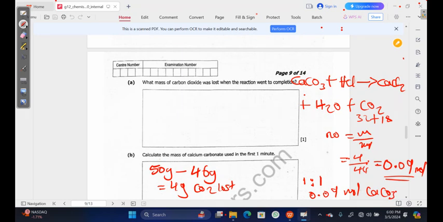So if one piece of calcium carbonate was used up, there is also one piece of carbon dioxide being given off. So if 0.09 moles of carbon dioxide were given off, it means there is also 0.09 moles of calcium carbonate being used up. So we use the number of moles now for calcium carbonate to calculate its mass at that minute.